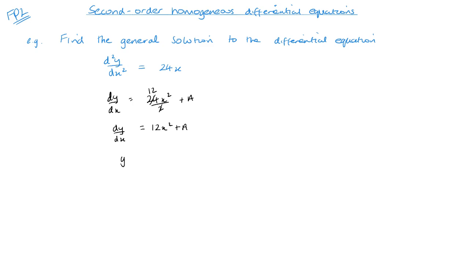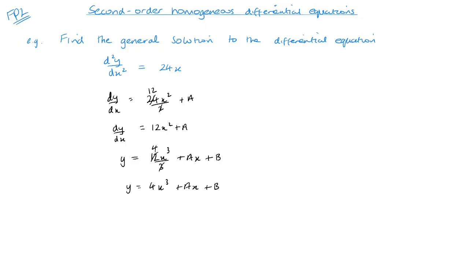And then if I integrate again, I'd get y. And this would be 12x cubed over 3 plus ax plus b. And 3 will cancel with that, giving me 4. So y equals 4x cubed plus ax plus b. And this would be the general solution to the differential equation.